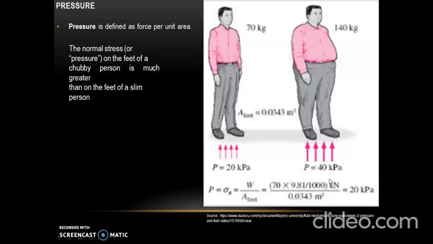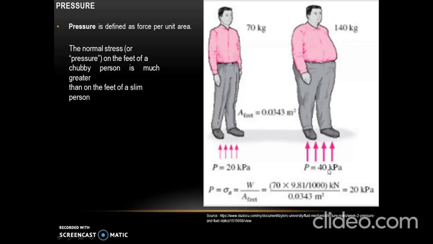To convert it in terms of kilonewton, we will divide this term by 1000. Area of feet is given as 0.0343. So we get the value of pressure as 20 kPa. Similarly, we can find out pressure exerted on the feet for a fat person and it comes out to be 40 kPa.